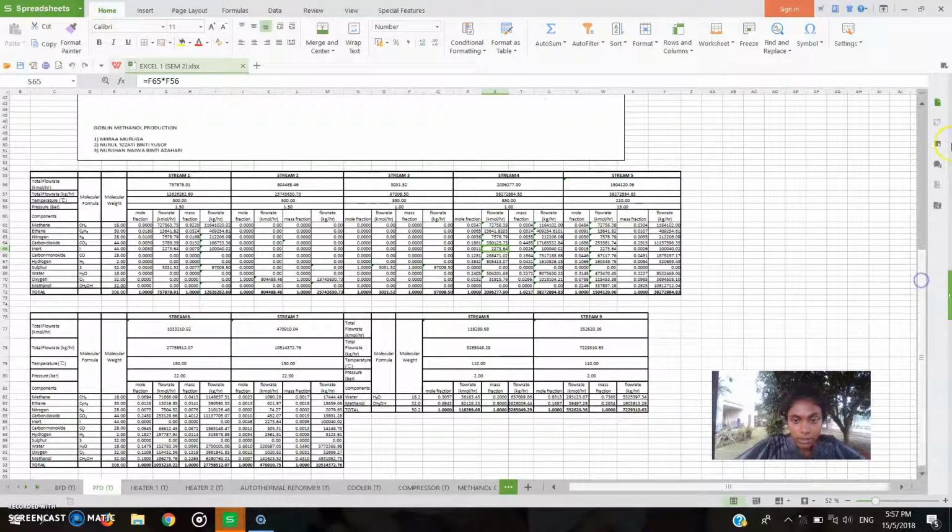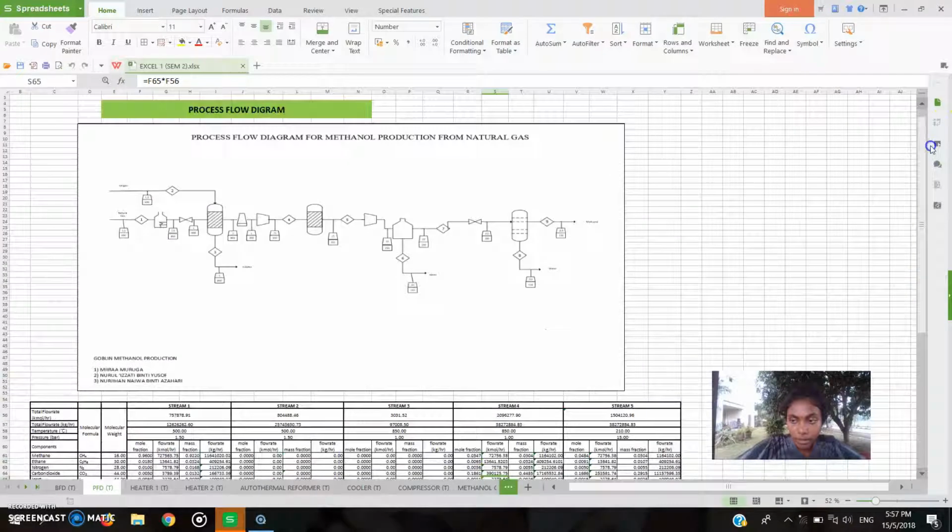Then this is our process flow diagram, where we have the reactors over here and here, and this is the flash tank, and this is distillation column. So we have 9 streams in total, and we have heater and valve, cooler tank, and compressor as well.